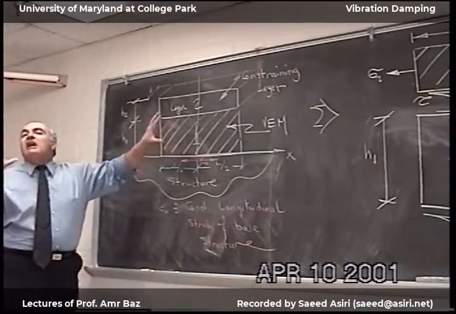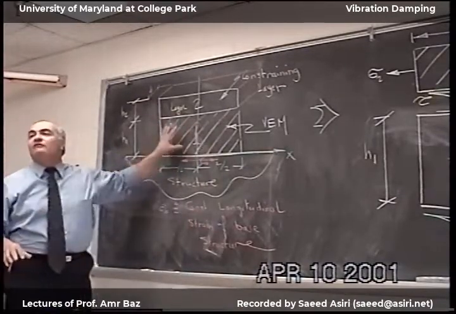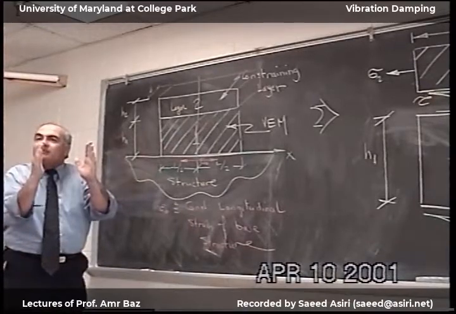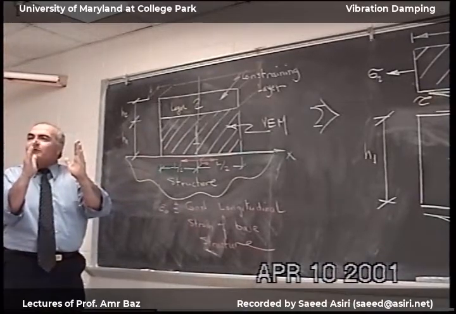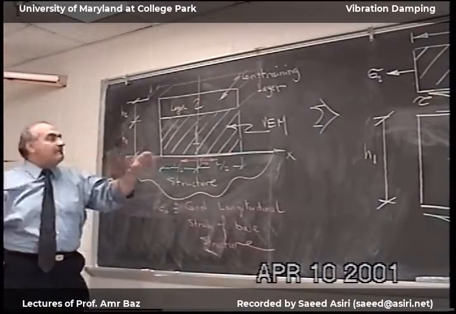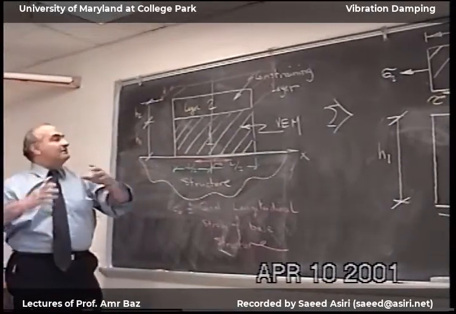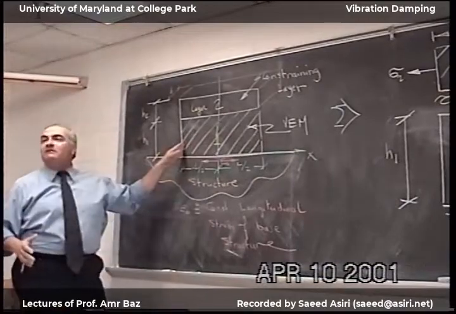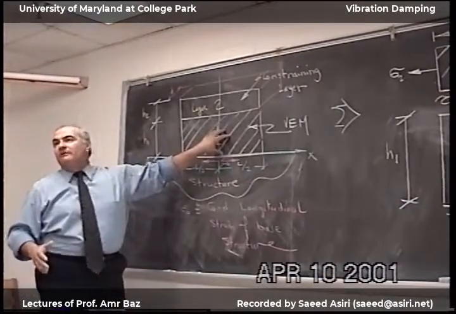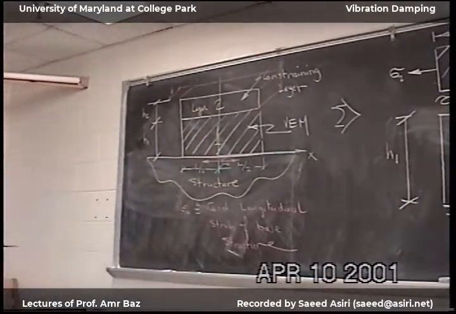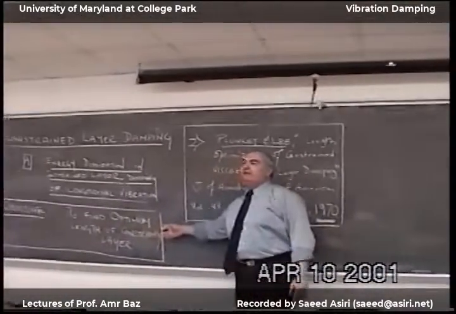If I want to get the energy dissipation per unit volume, I want to make this as small as possible, but I want to dissipate the maximum by staying here. So this will give us a balance between how much I want to dissipate per unit volume, and the result will be the optimum length.